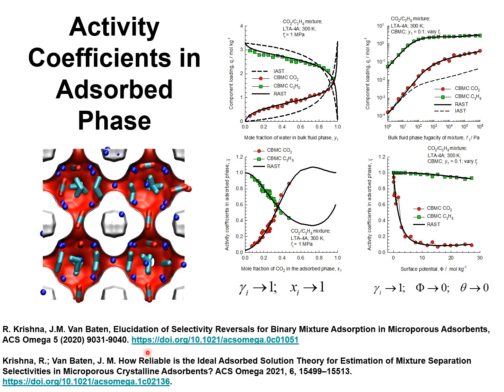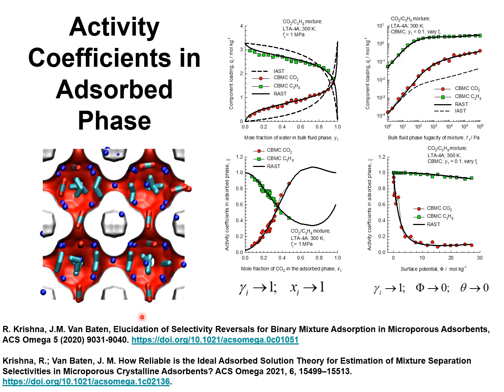Before setting up the proper activity coefficient models to describe mixture adsorption equilibrium and departures from the IAST, we need to have an understanding of the characteristics of the activity coefficients.